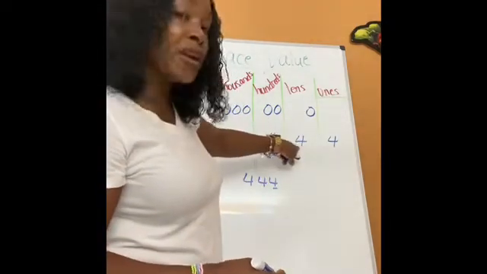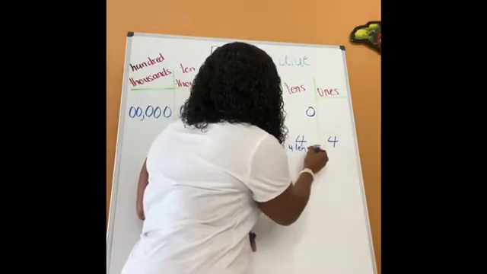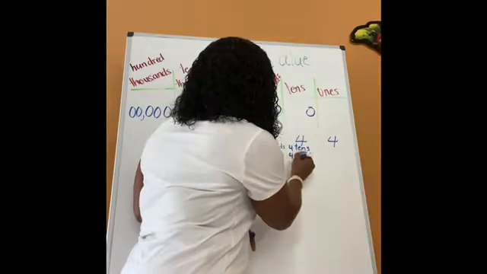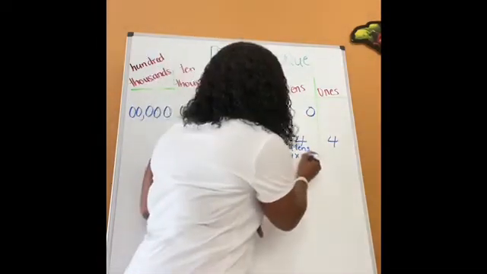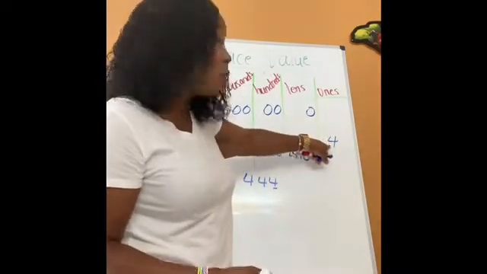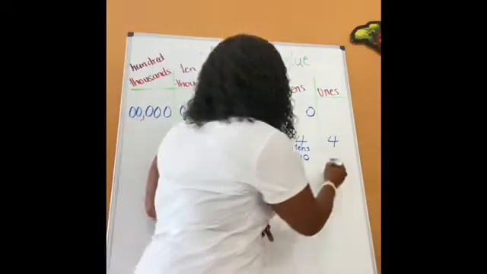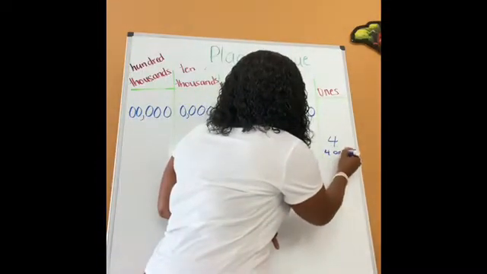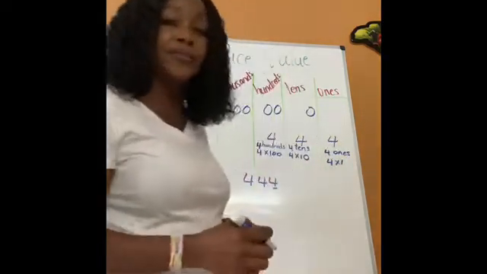This 4 is 4 tens. So I can write 4 tens, or 4 times 10. How many zeros in my 10? 1. And then this 4 is 4 ones. Do I have any 0 in my ones? No. So it's 4 ones or 4 times 1.